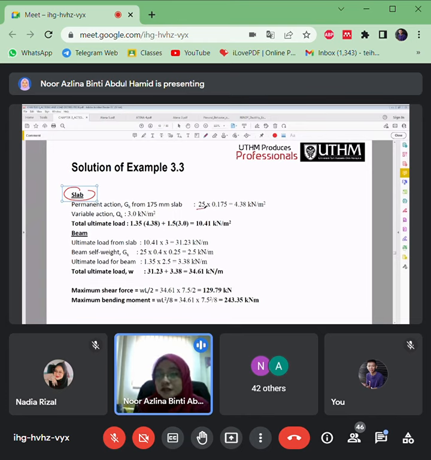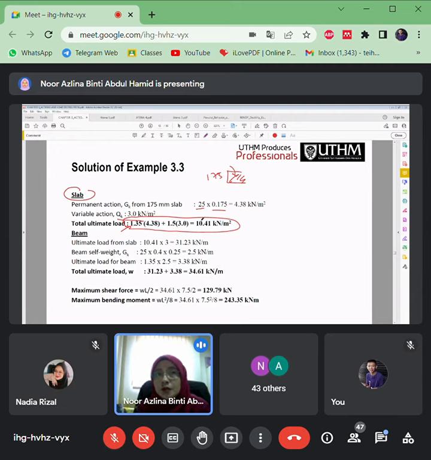What is the material for that slab? The thickness is 0.175. It is made of concrete, so this is the unit weight. So QK is based on the function, the purpose of that slab. In this example, it's already multiplied with the safety factor, which is 1.35 GK plus 1.5 QK.